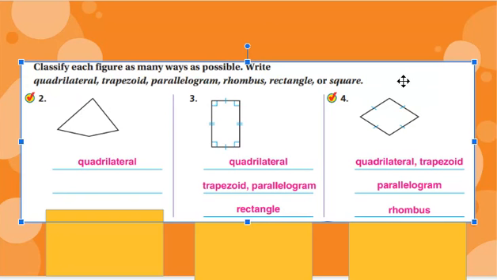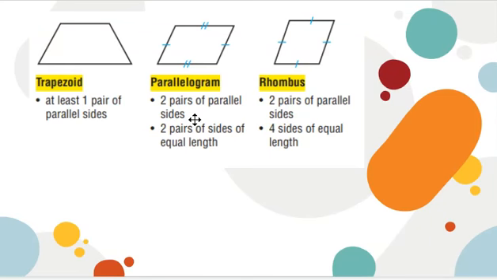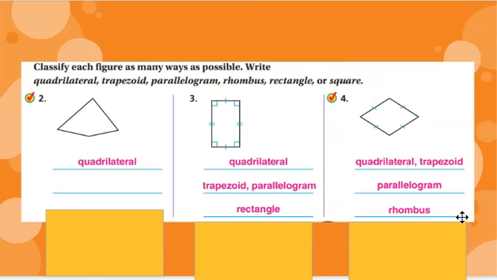It is a parallelogram because why? It has 2 pairs of parallel sides and 2 pairs of sides with equal length. Awesome. Okay. So we have a quadrilateral, a trapezoid, a parallelogram, and a rhombus. So crazy that we can classify these shapes in so many different ways.